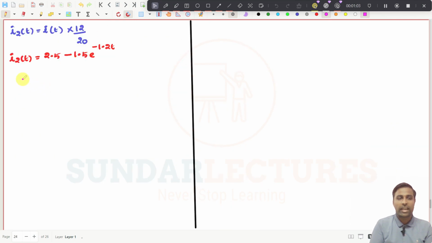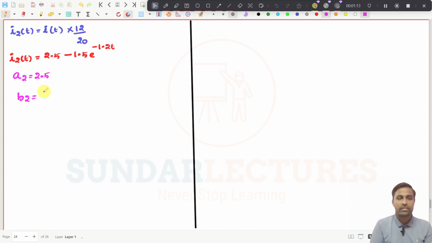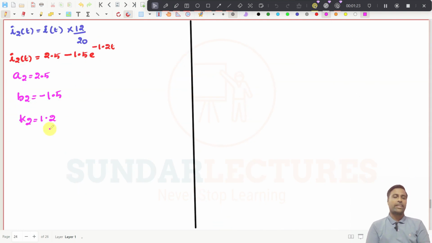So a2 will be equal to 2.5, and b2 will be minus 1.5, since here it is plus and we are getting minus. And k2 will be equal to 1.2, because here it is minus and there also it is minus, so this is the final answer.